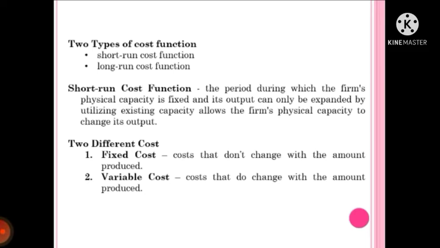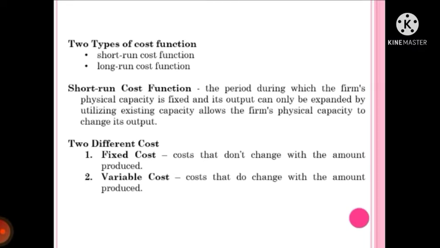There are different types of costs when it comes to the short-run cost function, and one of those is fixed cost and variable cost. Fixed cost means costs that don't change with the amount produced. Example, the cost of plant, building, equipment.